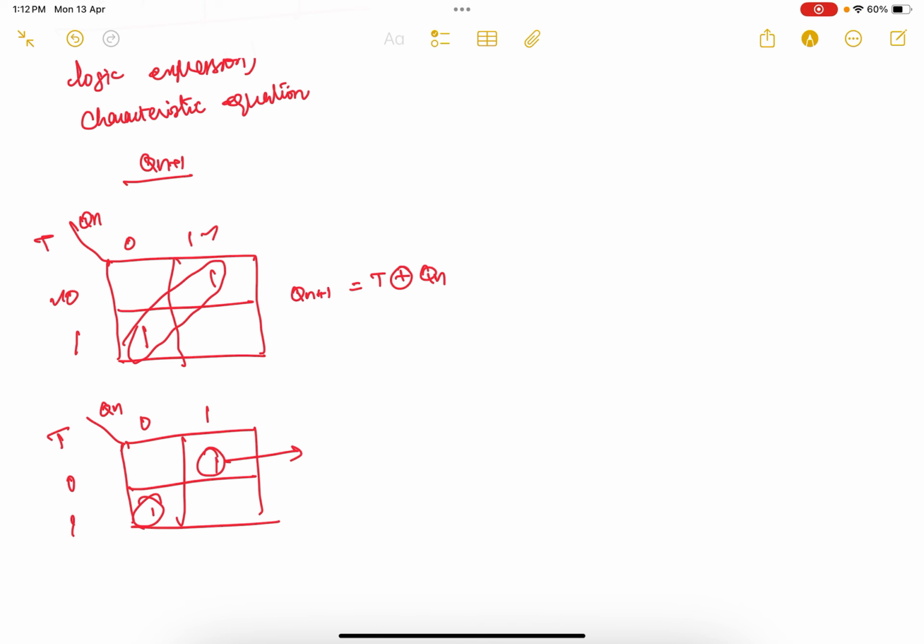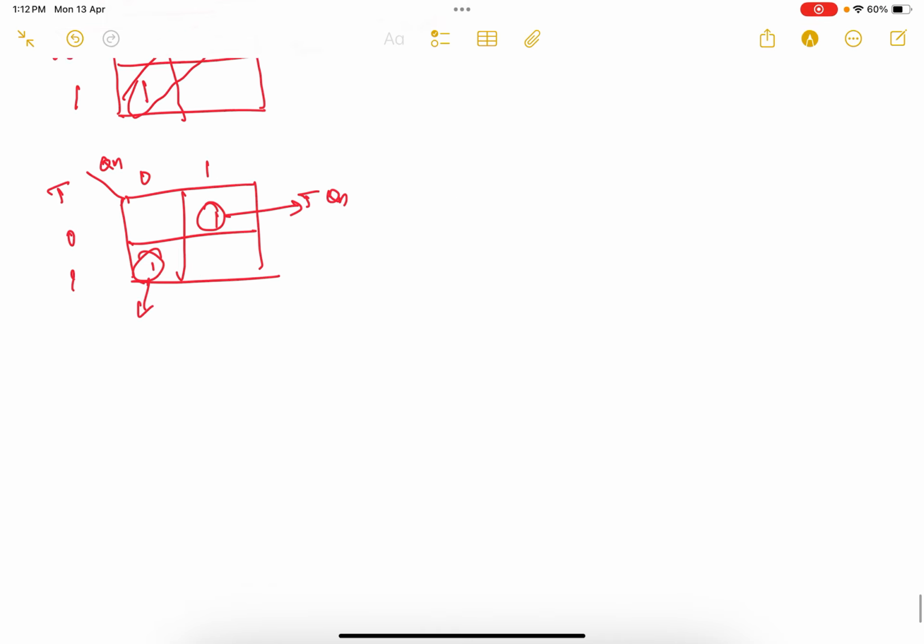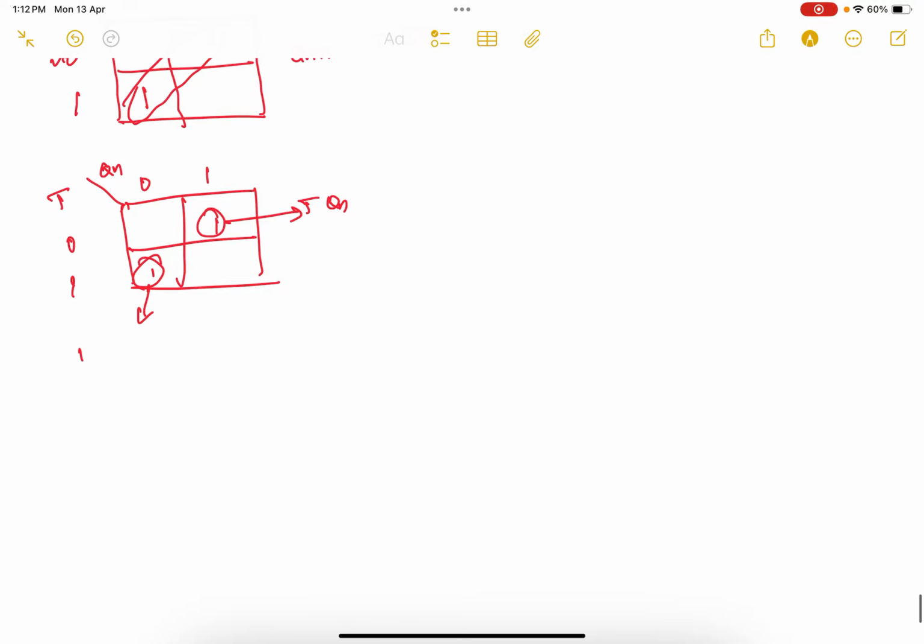So for this, the answer will be T bar into Qn, and for this it is T into Qn bar. So once you write your next state, Qn plus 1 is nothing but T bar into Qn plus T into Qn bar. Okay, so this is your next state.